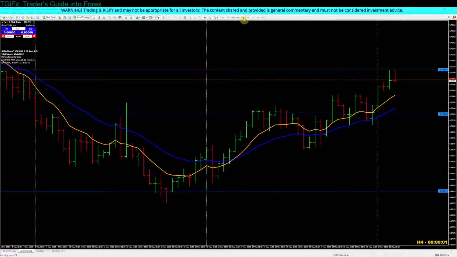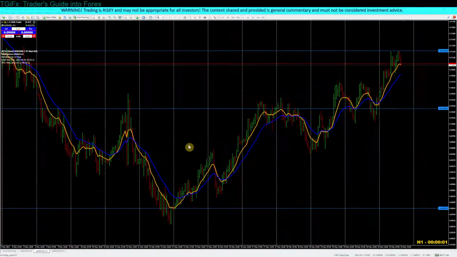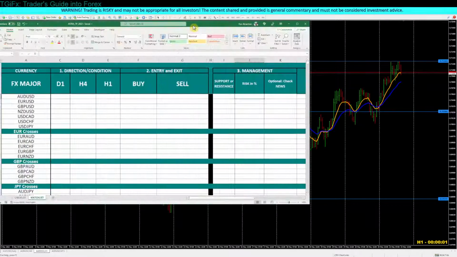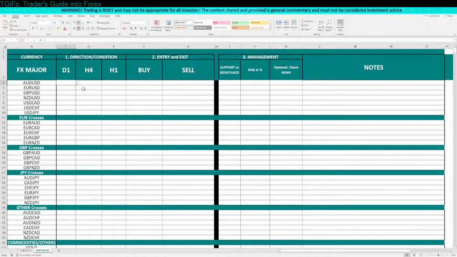Earlier I was looking at H1. Back to my H1 chart. That's what I wanted to see earlier, a breakout so I could buy early, but it really didn't do that. So if I am to create my trading plan on AUD USD, D1 is still on the downtrend. My H4 is kind of moving up.